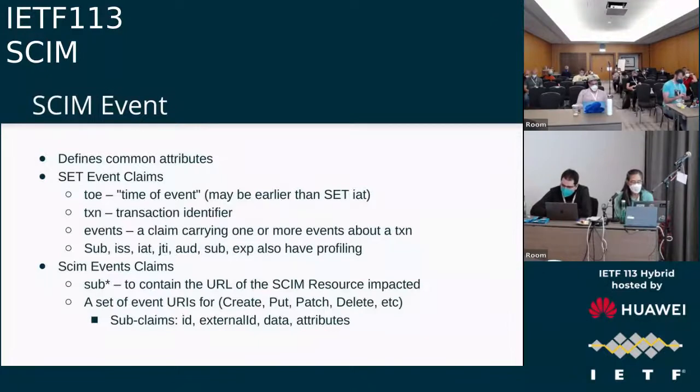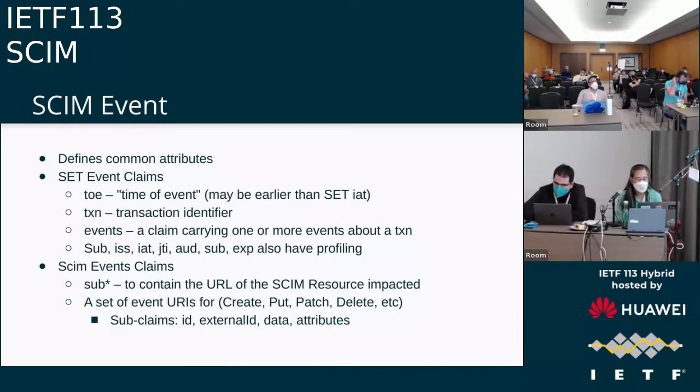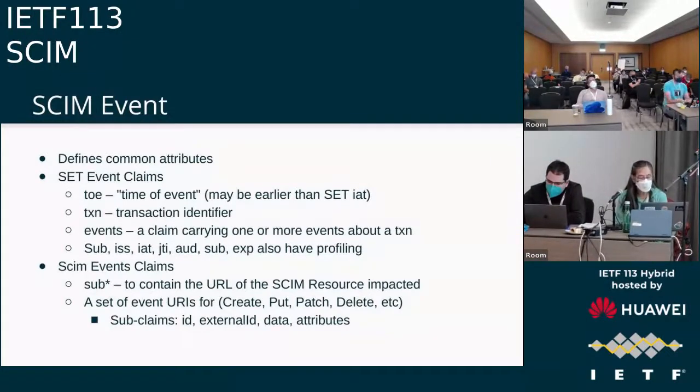TOE is important because if events are received out of sequence, the TOE can be used to reorder events. TXN is a transaction identifier, which must be unique for each event that occurs in a SCIM service. This value may be used to catch duplicate event messages that might occur depending on the delivery mechanism.